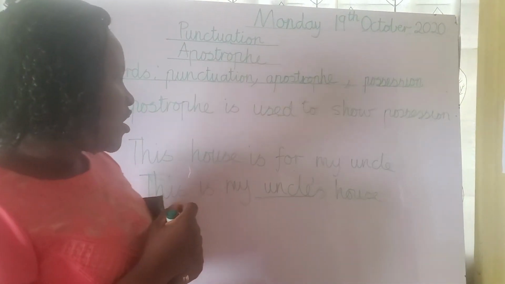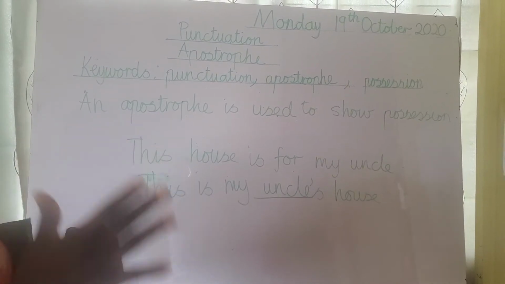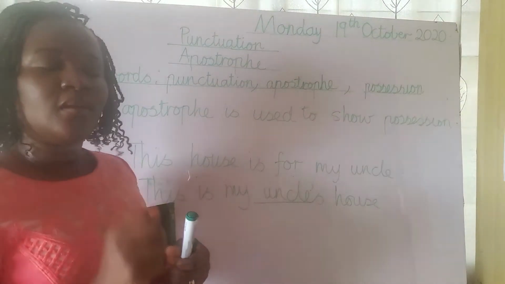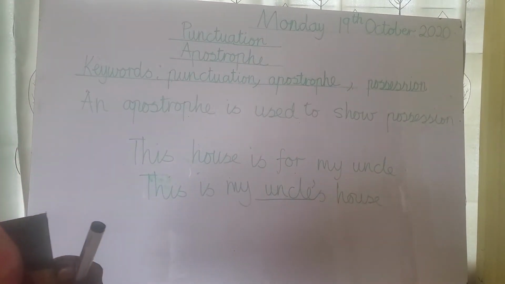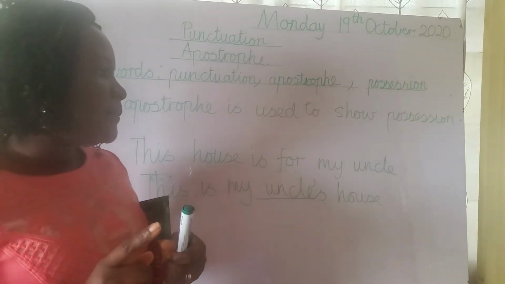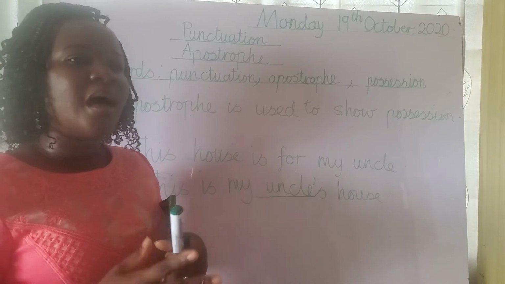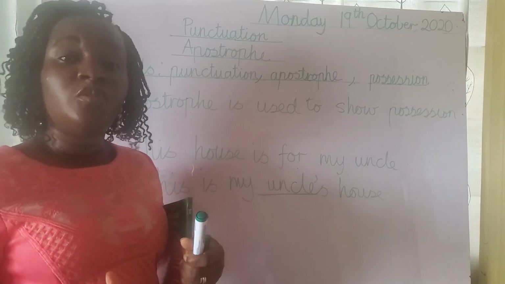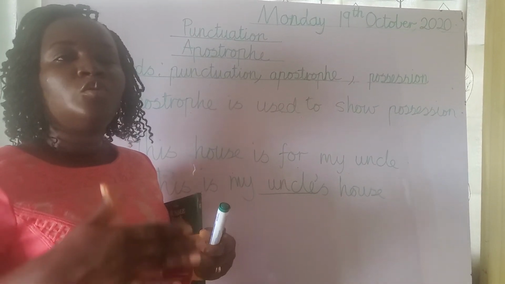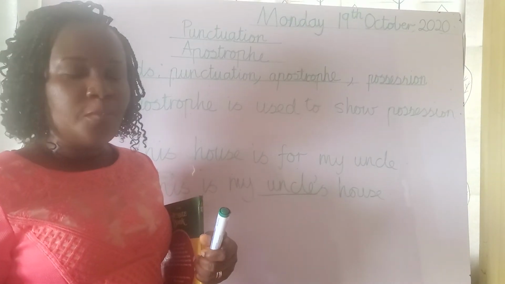This is used when we are referring to only singular nouns. Next week, on Tuesday when we have our Zoom meeting, we will talk about how to use the apostrophe to show possession when we have plural nouns. Is that okay?